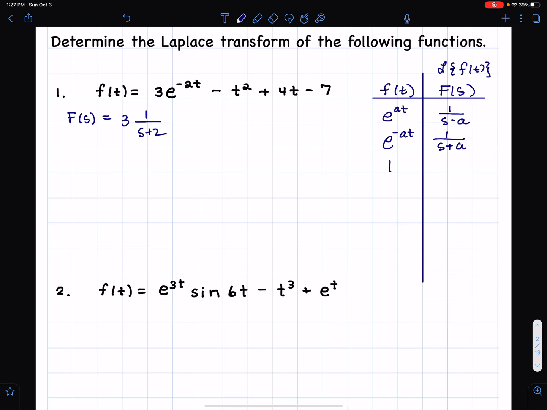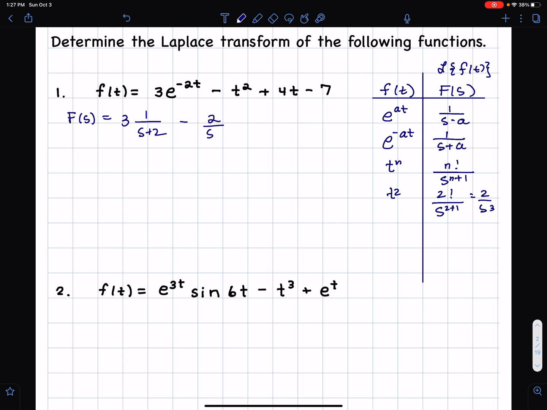Then we also have that the Laplace transform of t to the n is n factorial over s to the n plus 1. In particular, t squared has Laplace transform 2 factorial over s to the 2 plus 1, which makes 2 over s cubed.